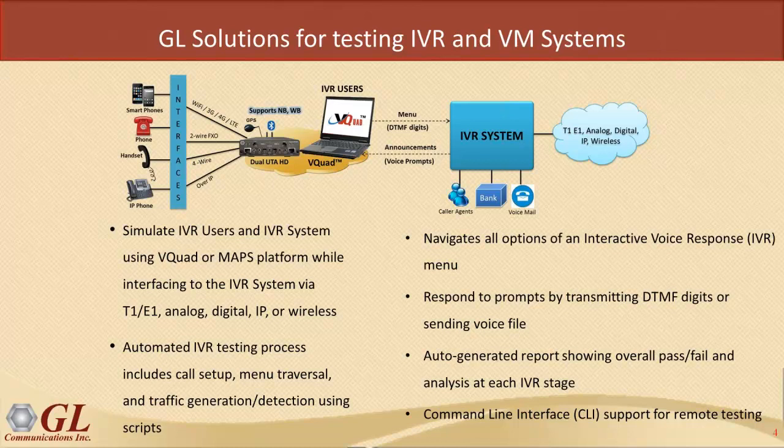Both VQuad and MAPS allow us to connect to different networks, whether it's via T1E1, analog, digital, IP, or wireless interfaces. So that means we can basically connect to any network, any interface, and test the IVR system.